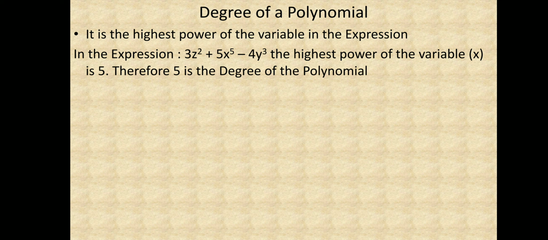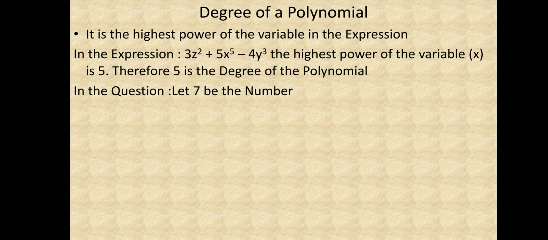You have exponent values 2, 5 and 3, so the highest exponent you are getting is the power of x, which is 5. Therefore 5 is going to be the degree of the polynomial. I hope it was understandable for you guys.